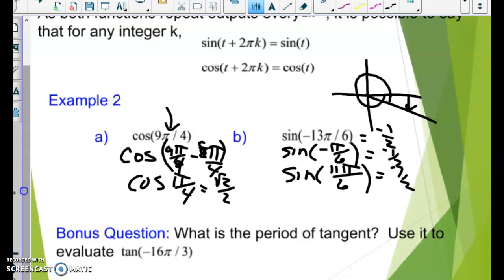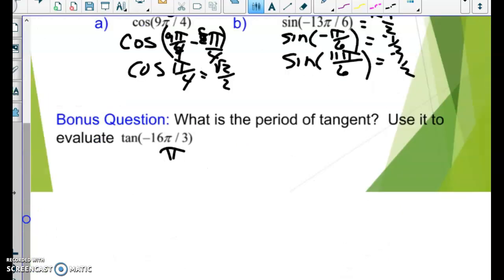What is the period for tangent? We know that that's equal to pi, so if I add pi multiple times, I'm going to keep getting equivalent answers. So if I add 6 pi over 3, I get negative 10 pi over 3. If I add another 6, I get negative 4 pi over 3.